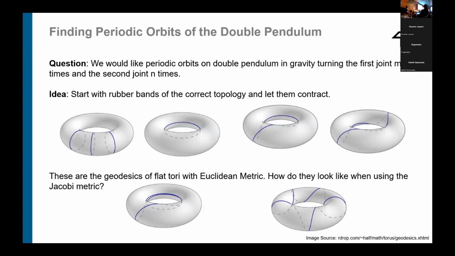And on the torus, we can create many different kinds of closed strings, right? So we have a string that goes once around one hole or around the other hole, or once around both holes, and so on. And these are how they would look in Euclidean space. So if the metric on top of the torus is Euclidean, you will get these blue ones.